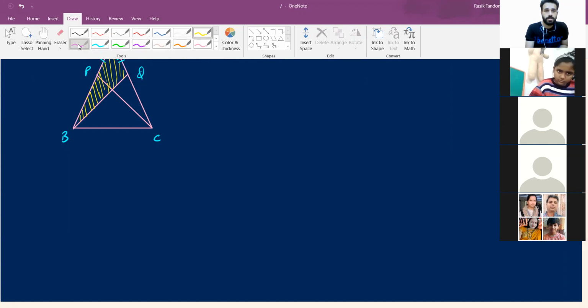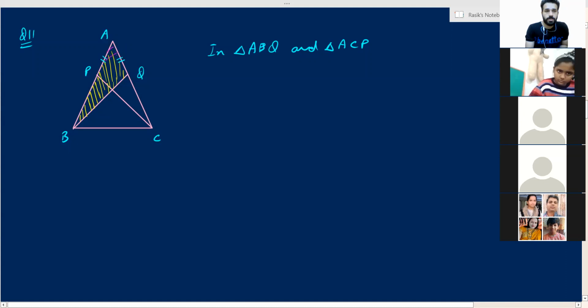Okay, so let me shade this also with pink color. Understood which two triangles, all of you? So ABQ and ACP.